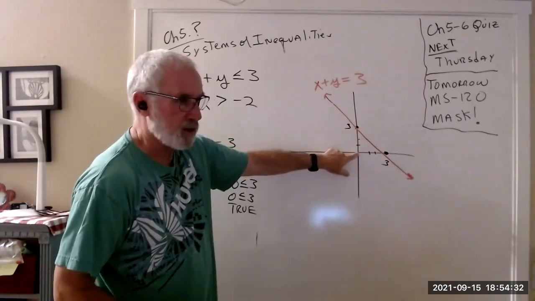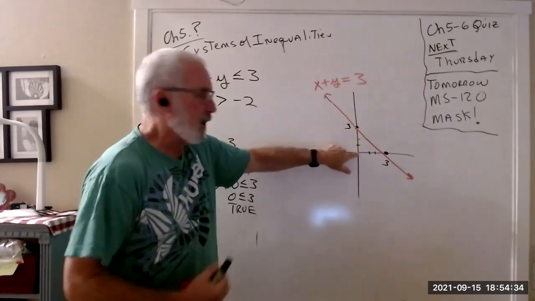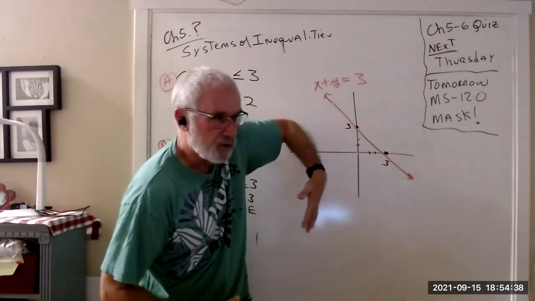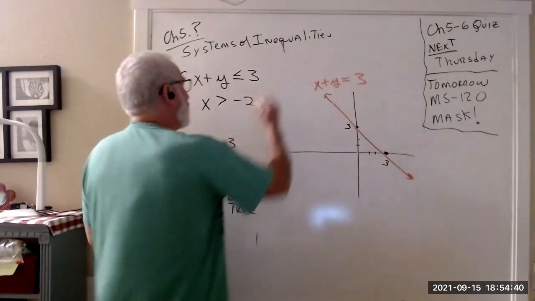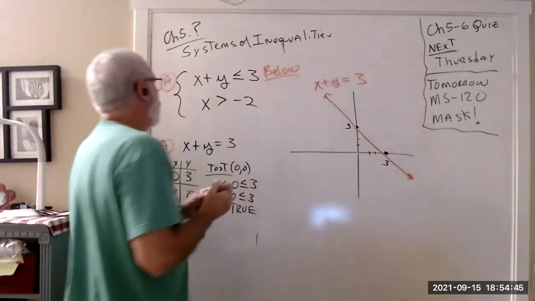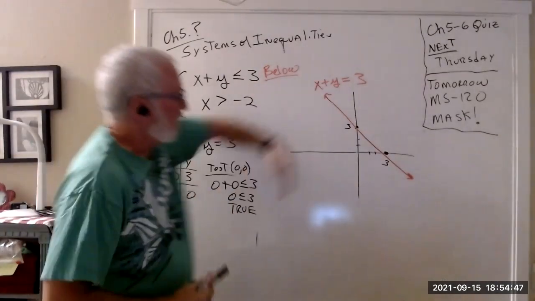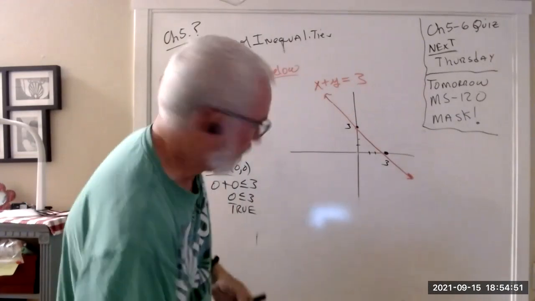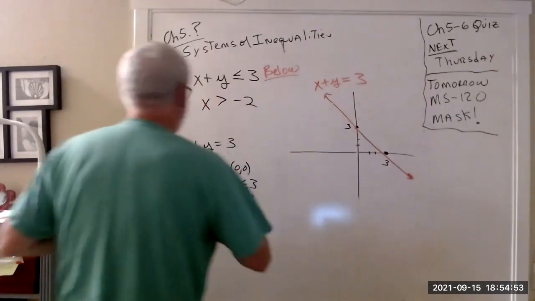Here's my test point. It was true. That tells me everything downward is also true. So I'm going to write the word below up here just for a second. So on the red line, I'm going to shade below eventually.